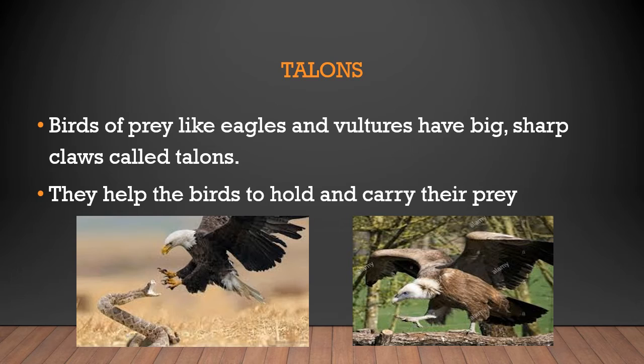Some birds go fishing. When fishes are roaming around in the water, birds like the kingfisher have the capacity to come and hunt the fish. In the same way, birds of prey like eagles and vultures have talons. Talons are nothing but their big sharp claws.